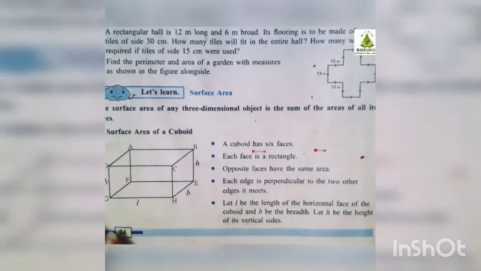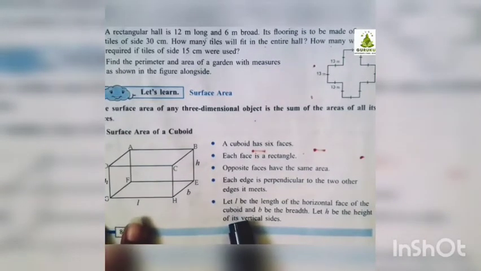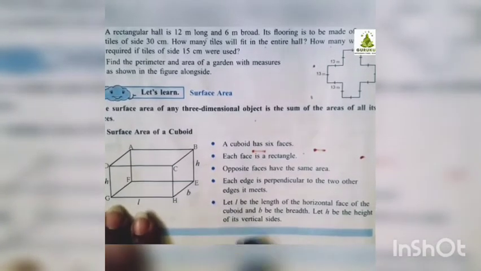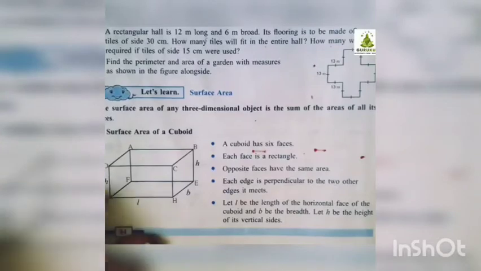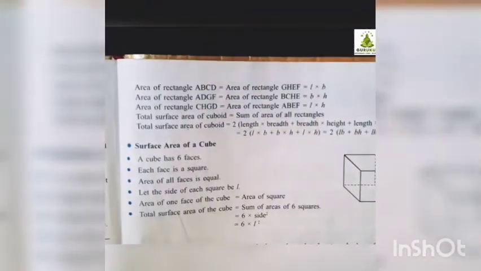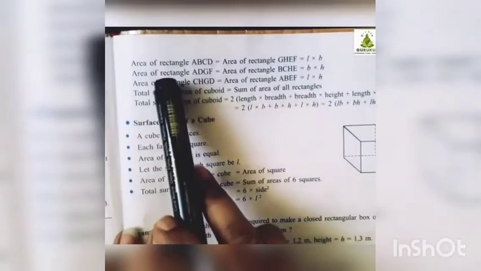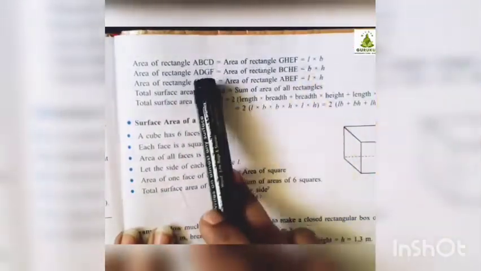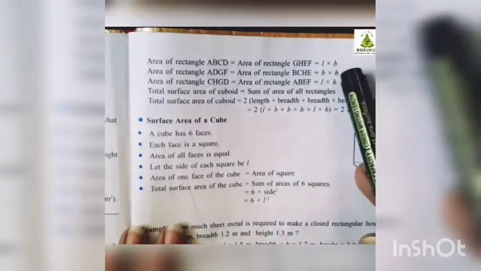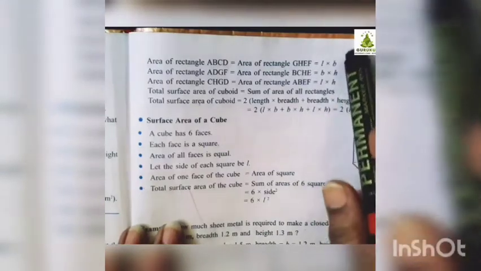Let L be the length of the horizontal face of the cuboid, B the breadth and H the height. Then how to calculate the area? Even if you don't understand the calculation, they have given the explanation. For each rectangle, the opposite rectangles ABCD and GHEF, they have given the formula.